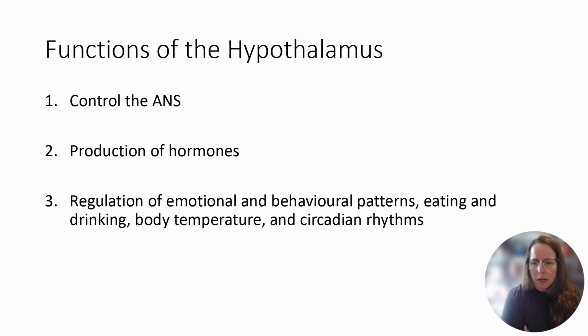It is letting you know you're hungry. It regulates your emotional patterns. It does a lot of stuff, so that's why it's incredibly important. It's not just one thing. It's not just the hormone thing. It's not just your thirsty part. It regulates a huge amount of your body's homeostasis. So in general, this is your homeostasis area of the brain.